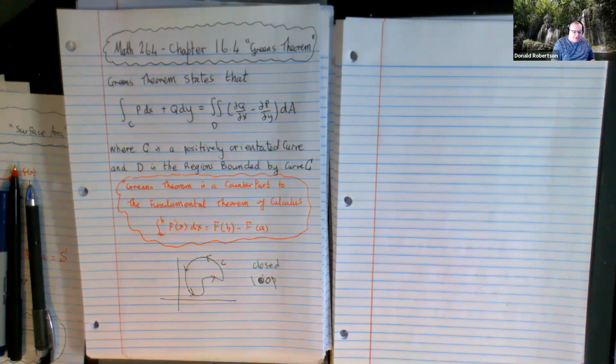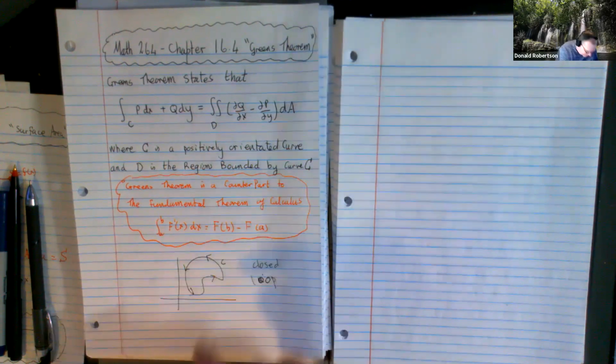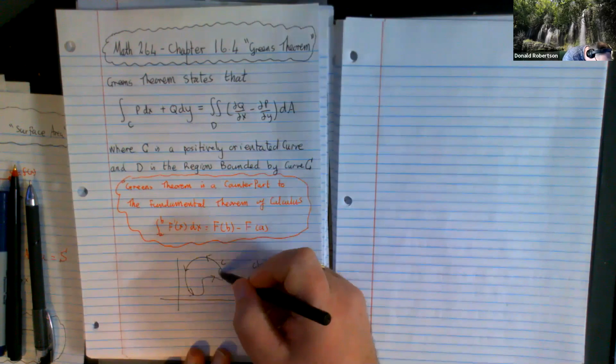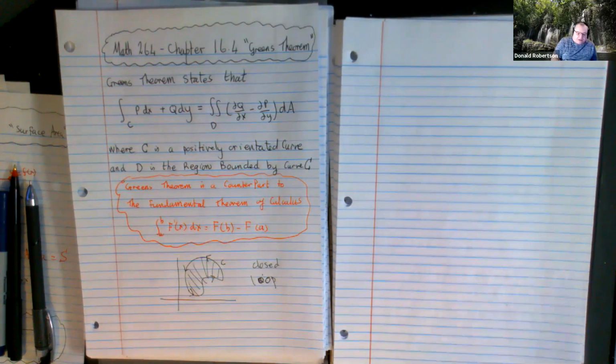Positively orientated means if you are an ant walking around the outside of it, the internal shape is always to your left. You can also think of it as going anti-clockwise round the shape.